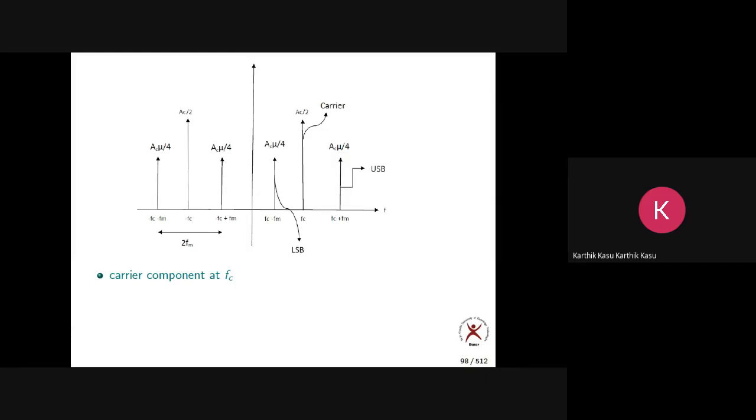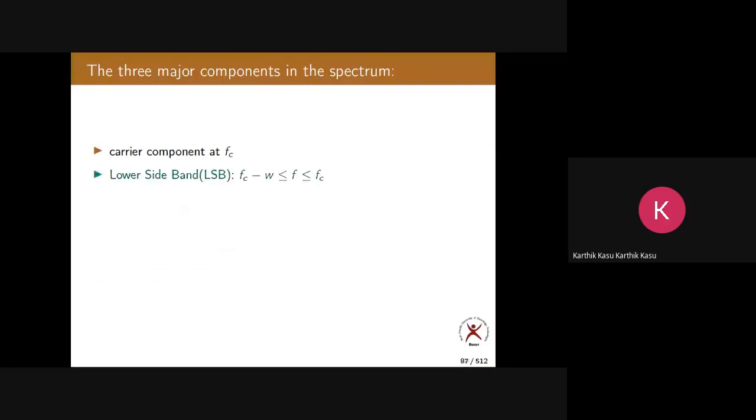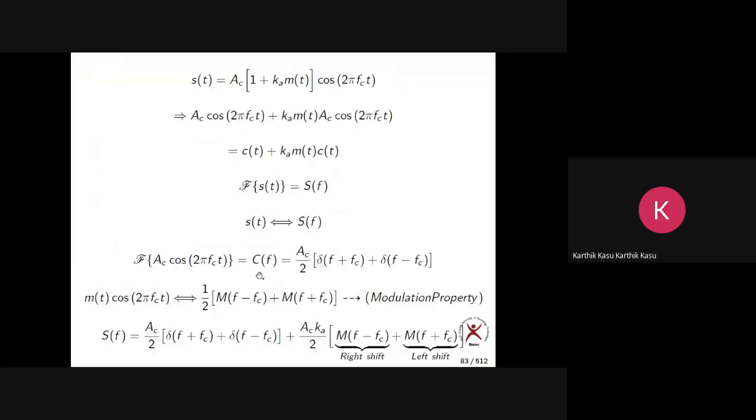Remember this. After all, what does the spectrum contain? It contains a carrier component and the shifted versions of M of f, right shift as well as left shift.